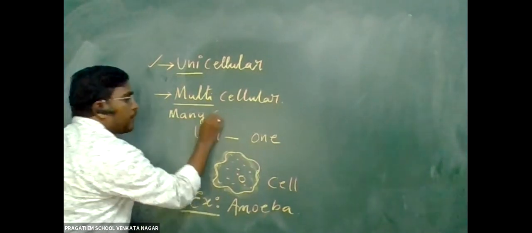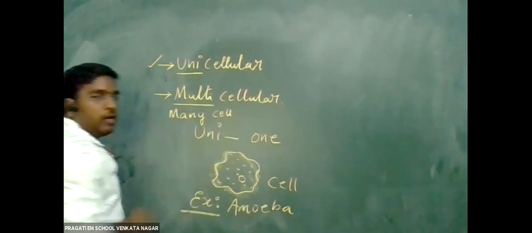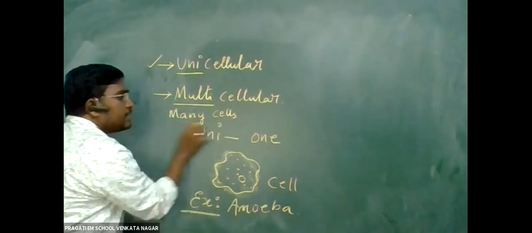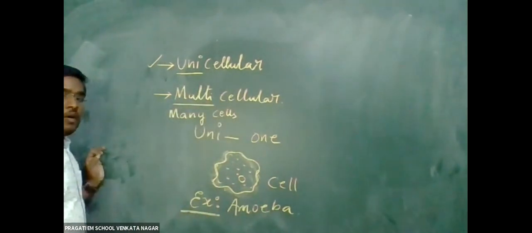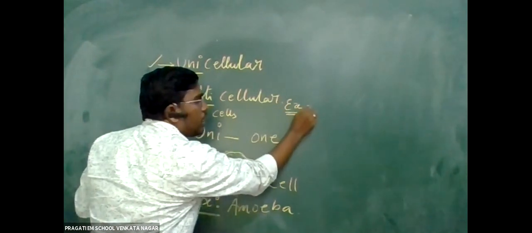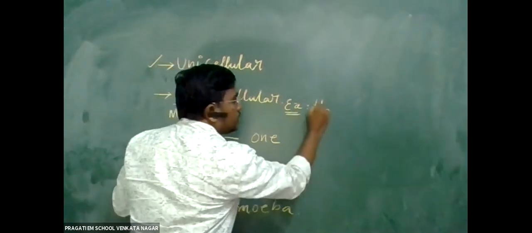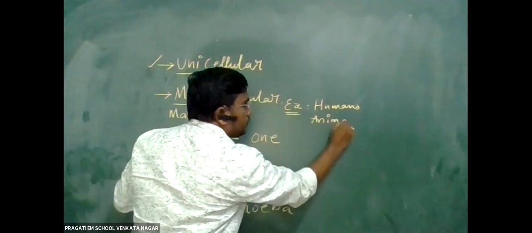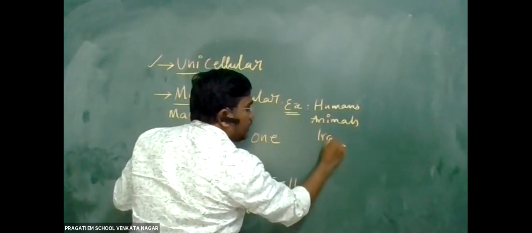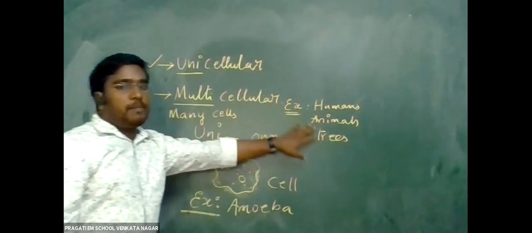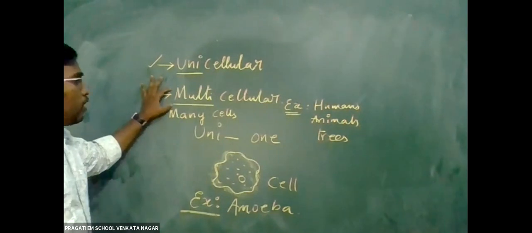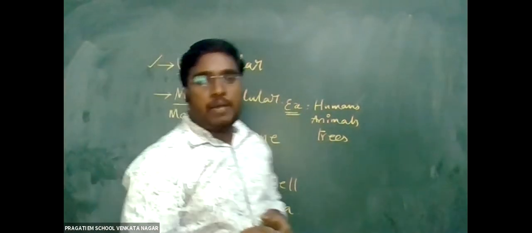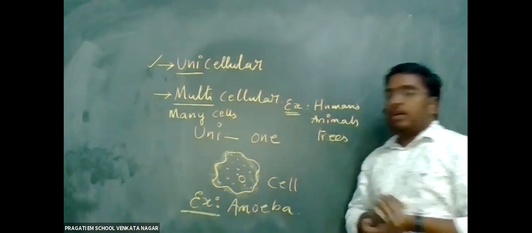Many cells are present in these organisms. Examples of multicellular organisms are humans, animals, and trees. These are the best examples for multicellular organisms.